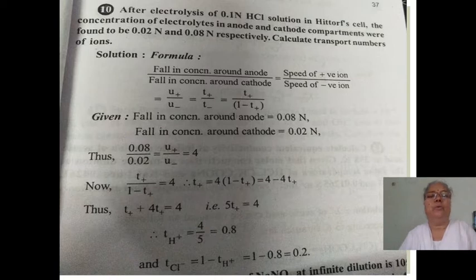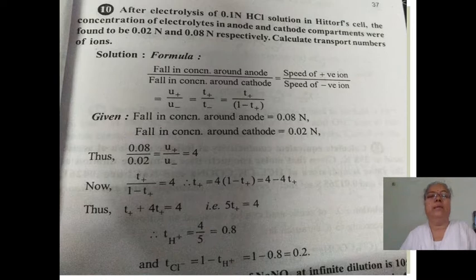Then you have learned the Kohlrausch law. Kohlrausch law states the independent migration of ions: the sum of ionic conductivity at infinite dilution of cation and ionic conductivity at infinite dilution of anion is equal to the equivalent conductance or molar conductance at infinite dilution in case of weak electrolytes.